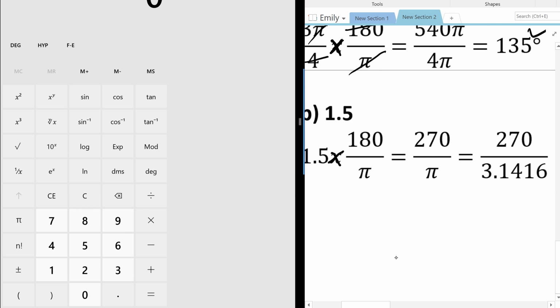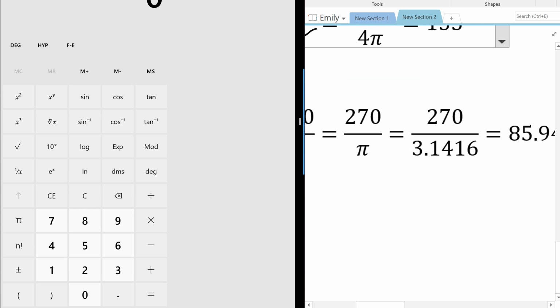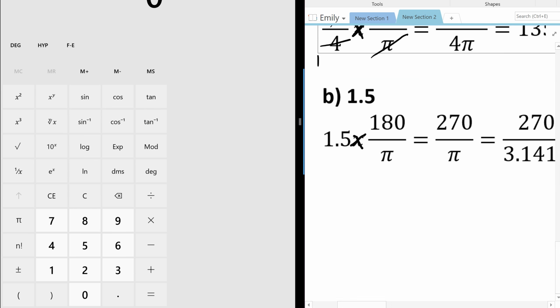That number was 278. Yeah. I probably made a mistake. Let me redo that. 1.5 times 180.